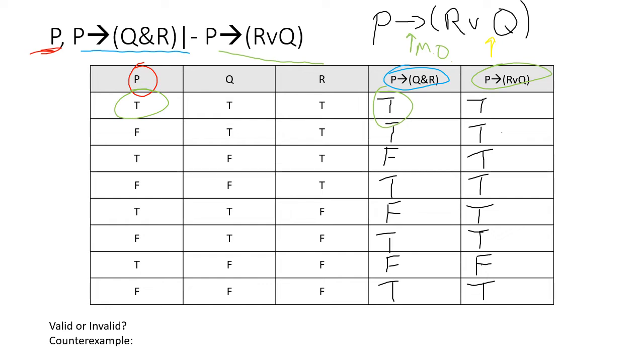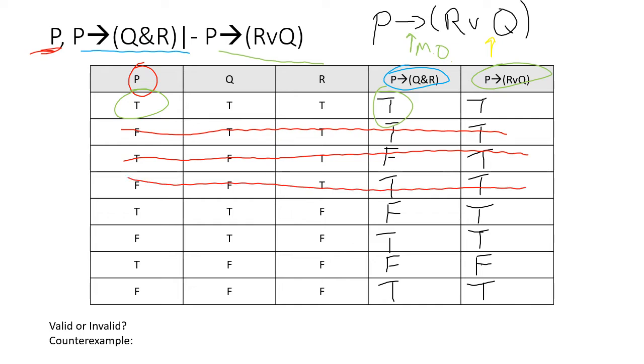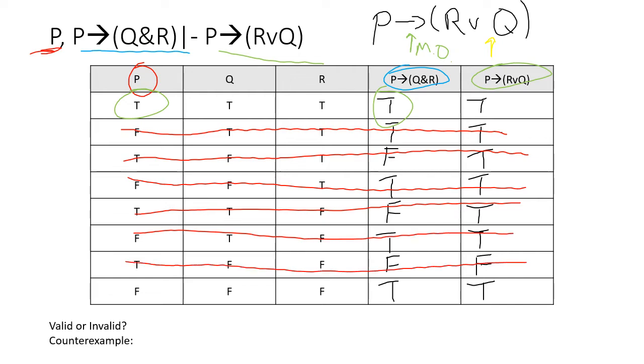All these other ones, this one has a false, and this one the second premise is false, first premise is false, second premise is false, first premise is false, second premise is false, first premise is false.